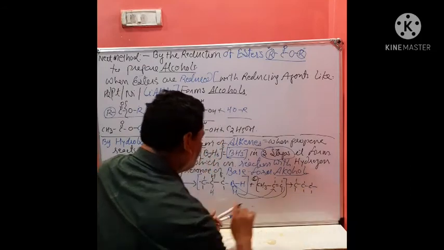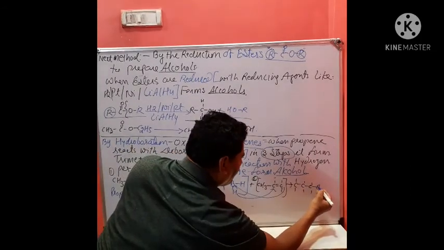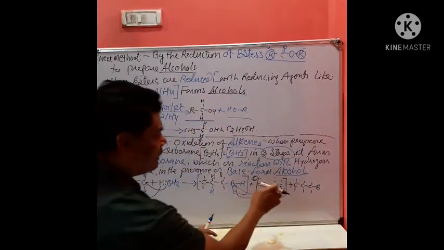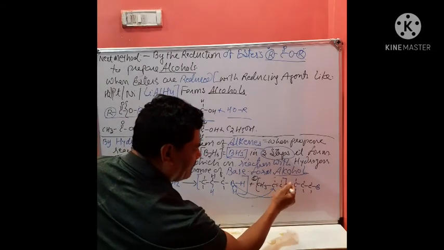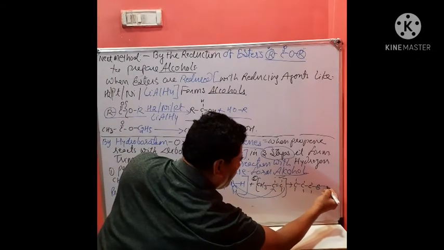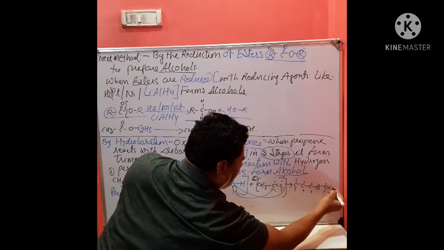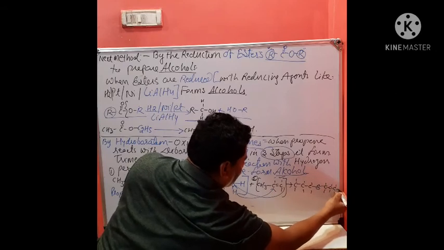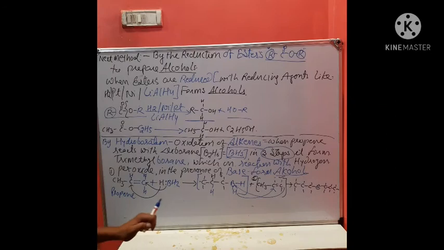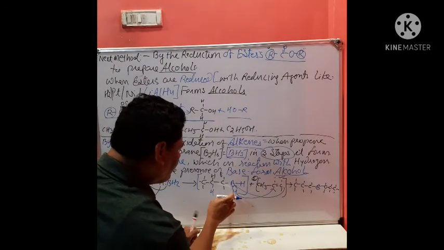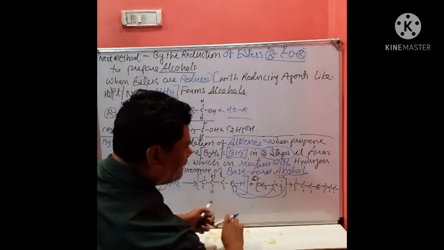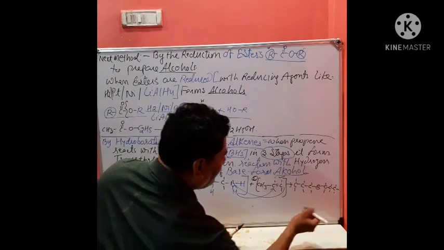Now this is B, and with B this carbon will attach. So there is C, then again C, and then again C. Here one of the H entered this carbon atom, therefore we can write this H here.